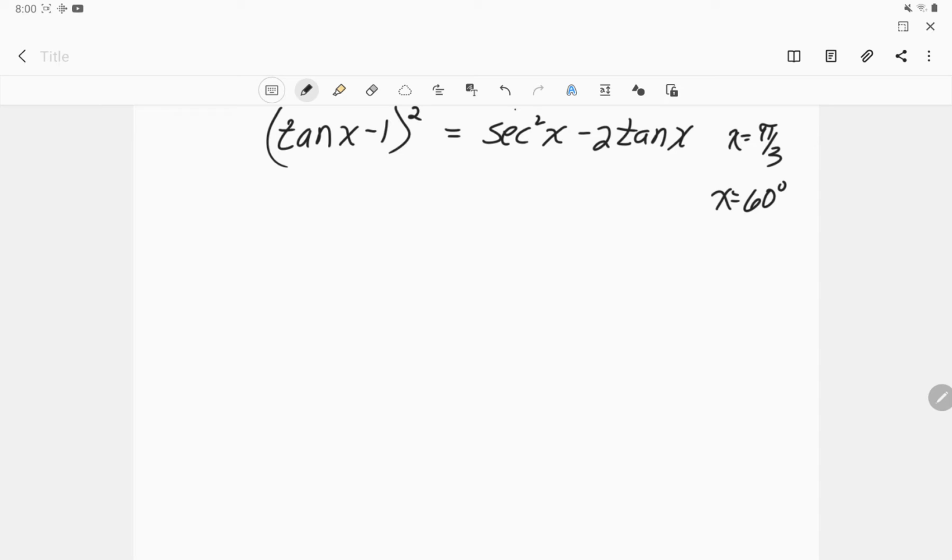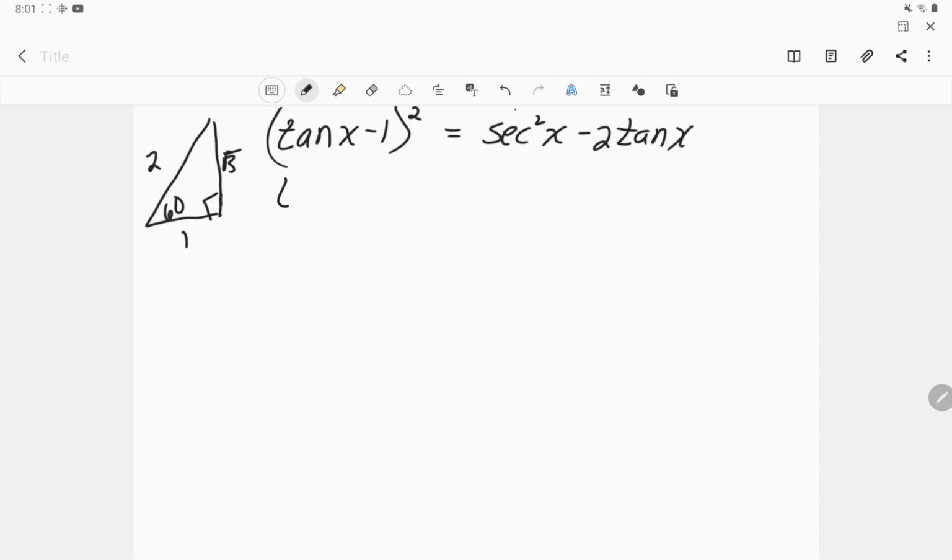So they want us to prove that is true for 60 degrees. Now, I know my 60-degree triangle. I'm just going to put it over here. My 60-degree triangle, you should know, is 1, 2, and root 3. That is my 60-degree triangle.